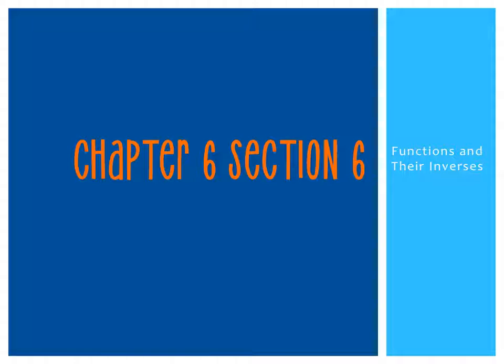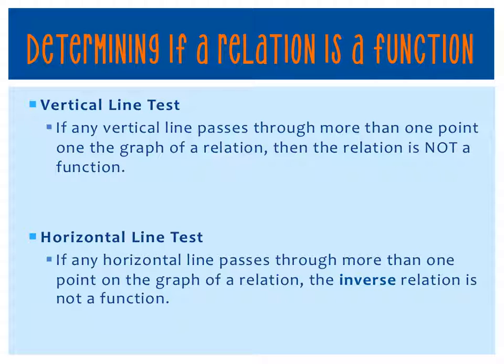So we're going to talk a little bit more about inverses, which we've done, but now we're pulling in function inverses. So there's two kinds of tests for functions. The first is called a vertical line test, and it's used to determine if a relation is a function.